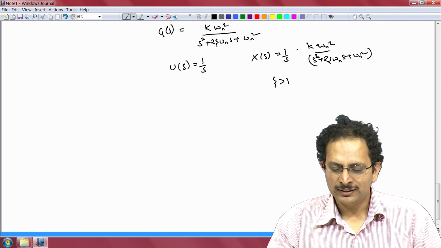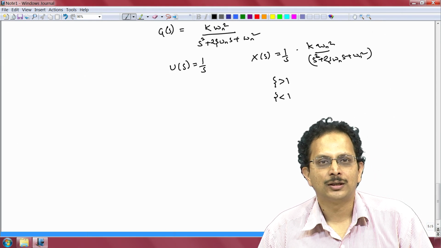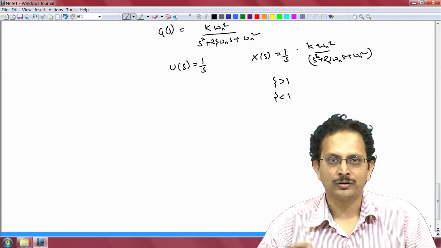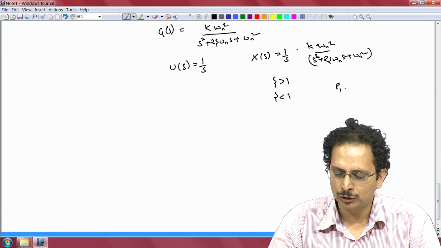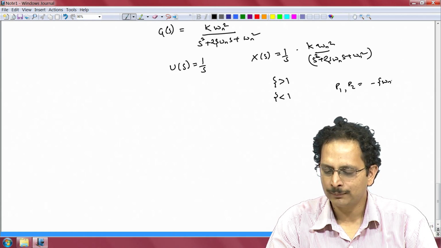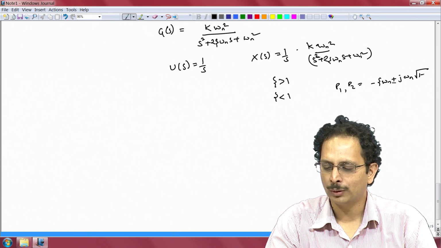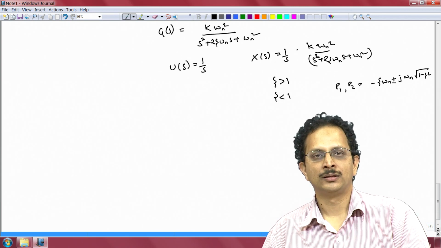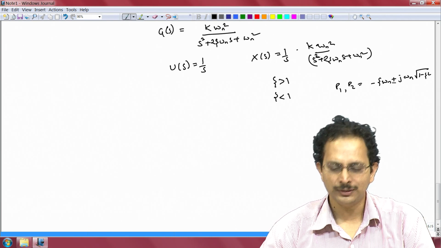So it is only when zeta is less than 1 that we have a pair of complex conjugate poles for this system, namely the poles p1, p2 would be minus zeta omega n plus minus j times omega n square root of 1 minus zeta square. These would be the two poles of our transfer function.